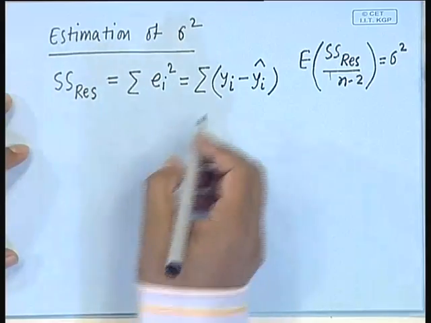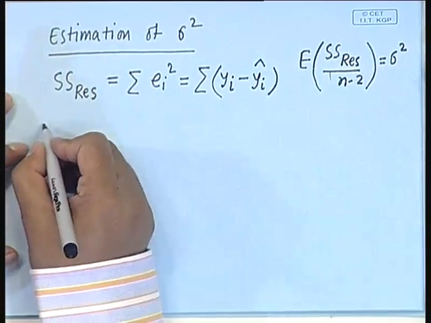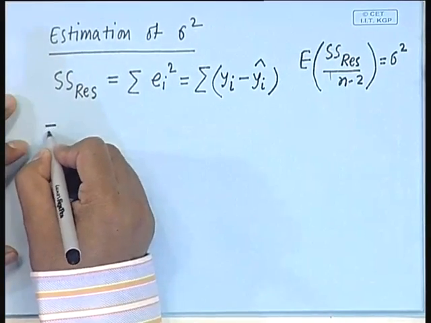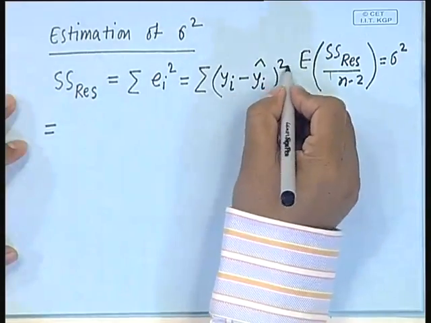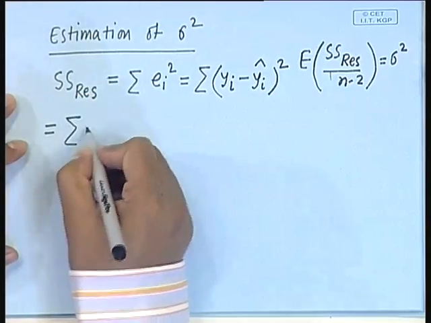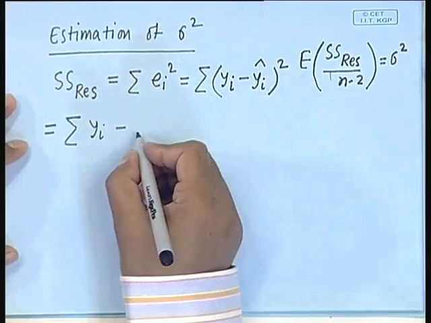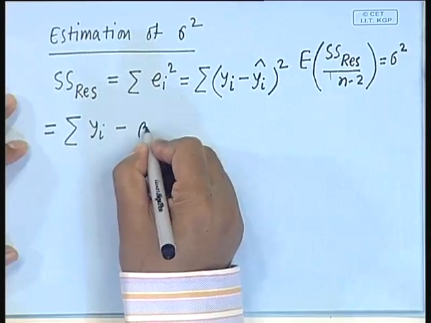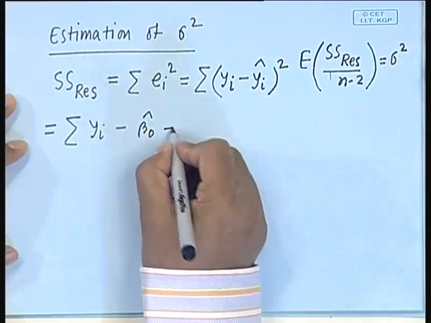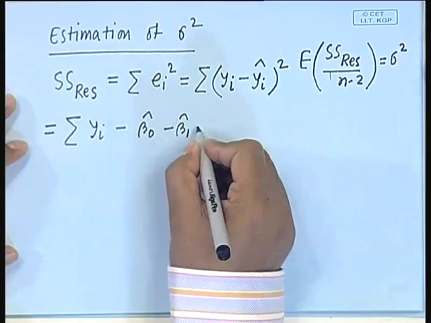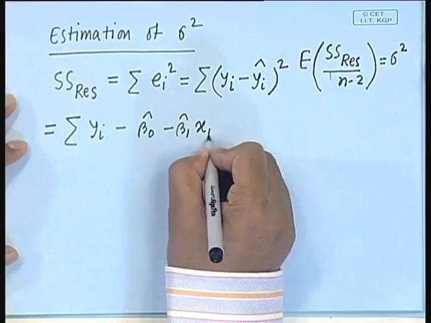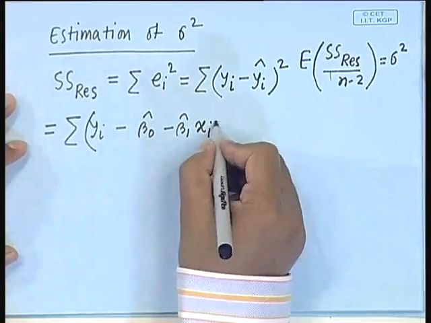Okay. Well, so this is equal to summation yi minus, what is yi hat, is equal to beta naught hat minus beta 1 hat xi, whole square.